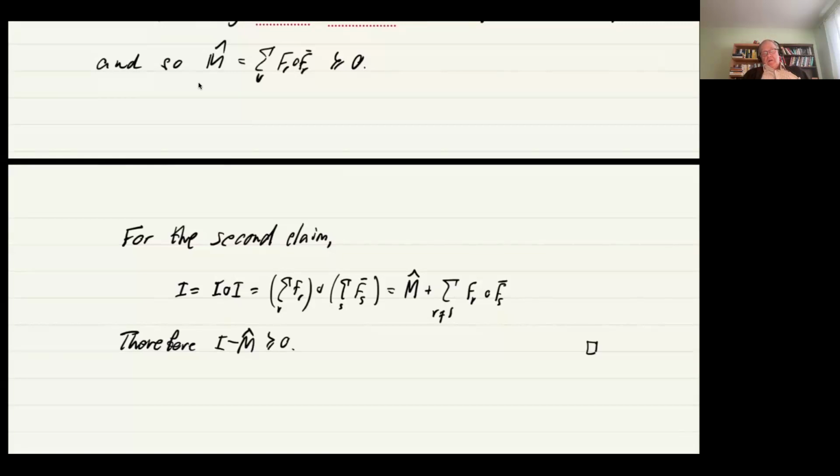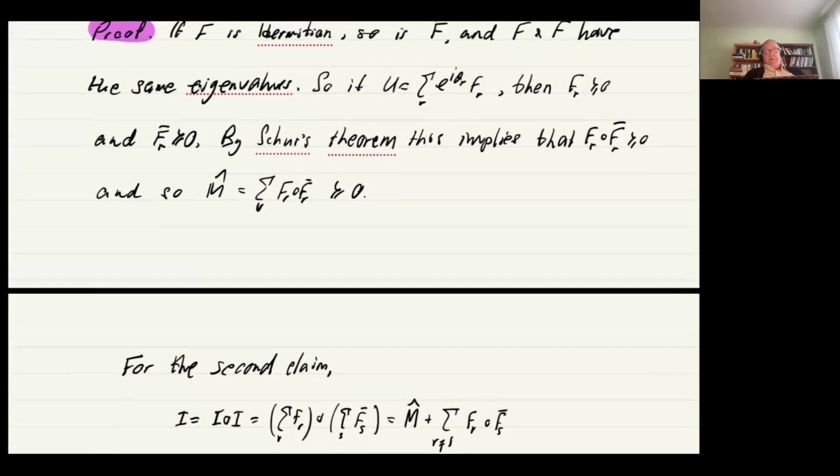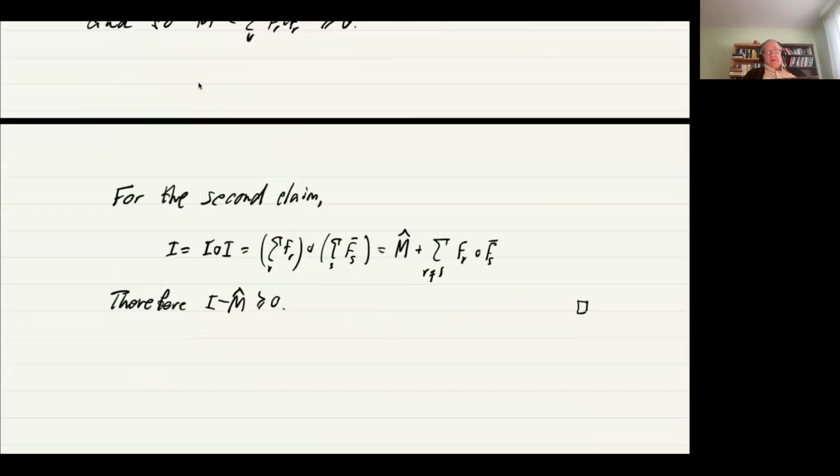Now, each of these products is positive semi-definite by Schur's theorem, and so the sum is positive semi-definite. So I minus M hat is positive semi-definite, and so all the eigenvalues are less than 1. Essentially the same proof works in the continuous case, and provided you don't get tripped up on the complex conjugates, it's straightforward.